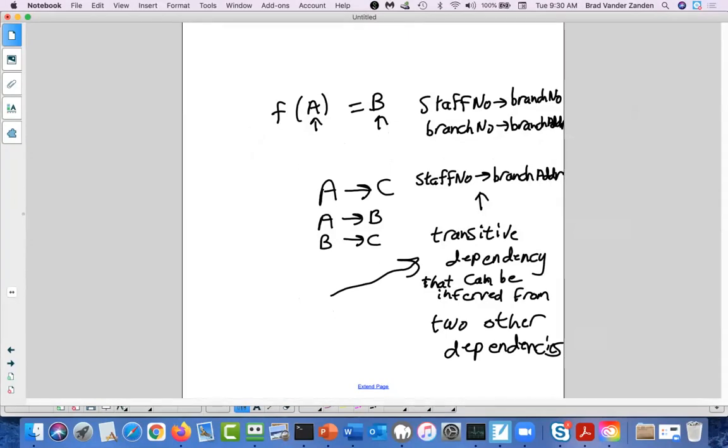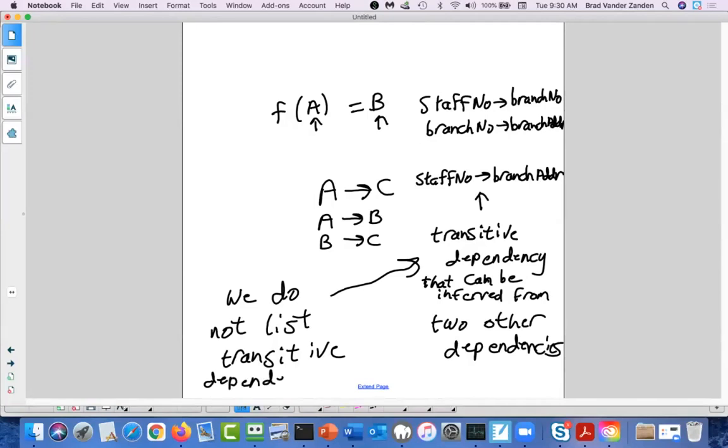Okay, so when we list our functional dependencies, we do not list transitive dependencies like A determines C, because we already know from these two dependencies that A determines C. So we don't explicitly represent transitive dependencies when they can be inferred from two other dependencies.